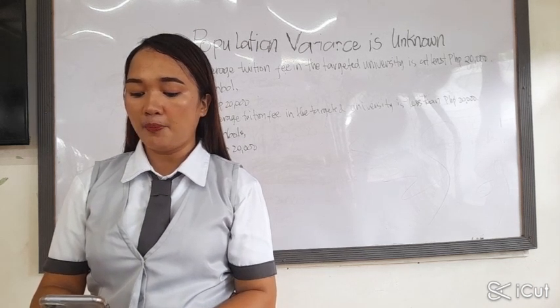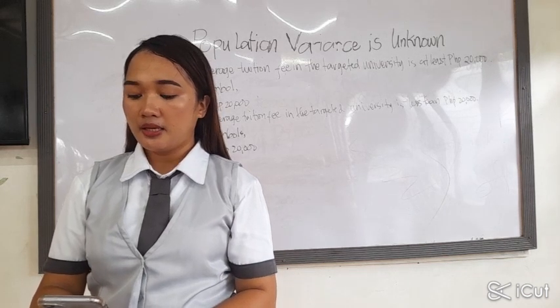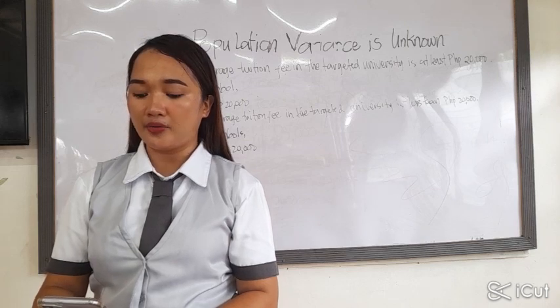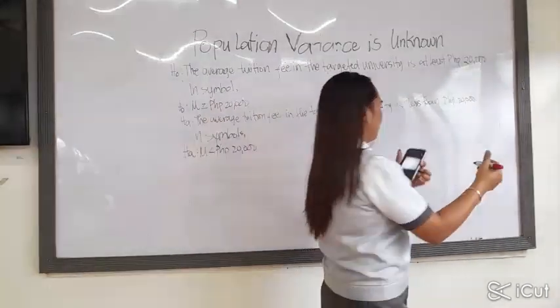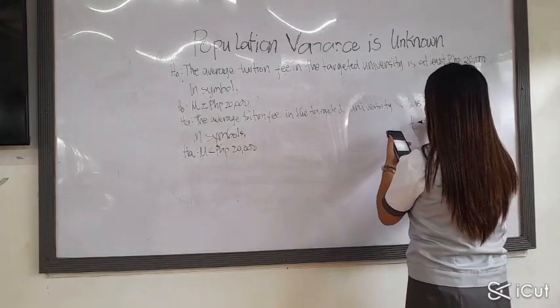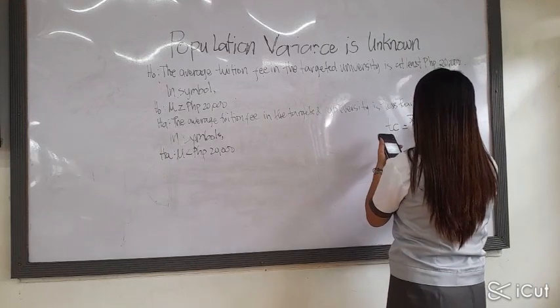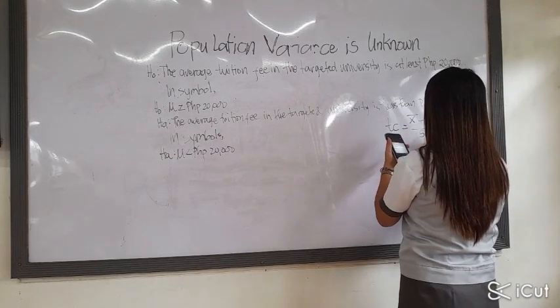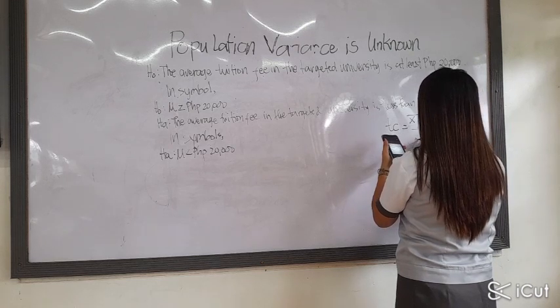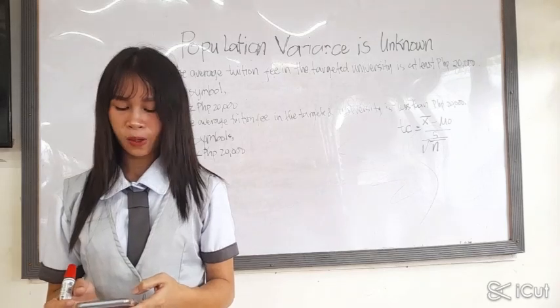In the given problem, the appropriate test statistic to be used is the t-test since the population variance is unknown. The formula is t sub c equals sample mean minus mu sub 0, divided by the sample standard deviation over the square root of n. Decision rule.